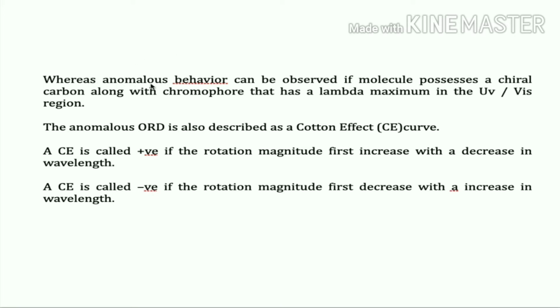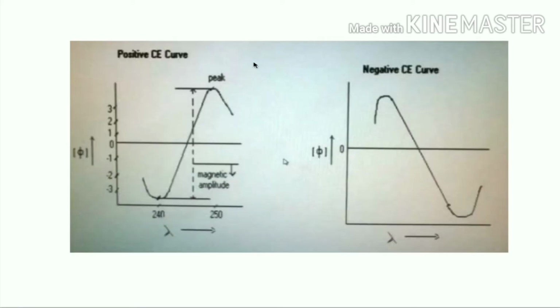So why this anomalous behavior will be observed is because the molecule is going to possess a chiral carbon along with a chromophore that has a lambda maximum in the UV visible region. So this anomalous ORD is also described as the Cotton effect curve. So this is the anomalous ORD spectrum. So that is due to the presence of a chiral carbon with a chromophore.